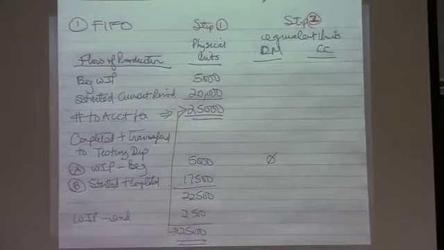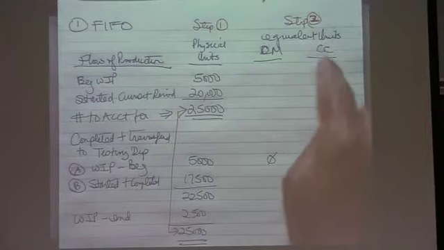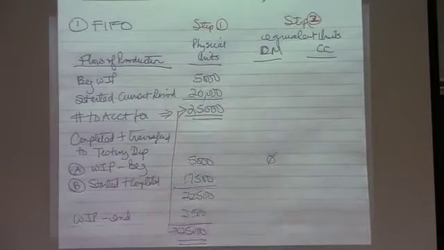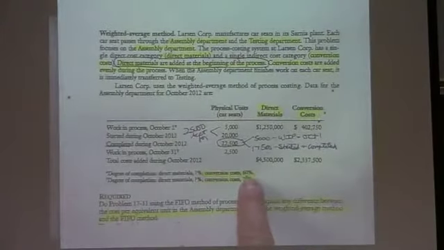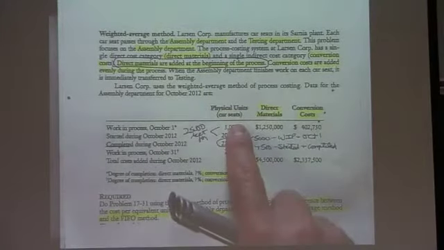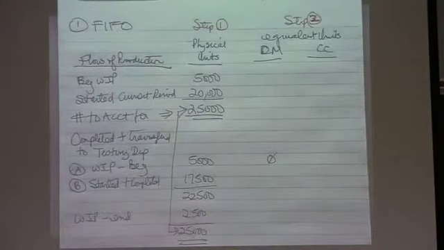How much of the direct materials or conversion cost was added this period to complete that 5,000? Well, we know that this was only 60% complete, which means that 40% of the 5,000 would have been the equivalent units of conversion cost that we would have actually incurred this period.